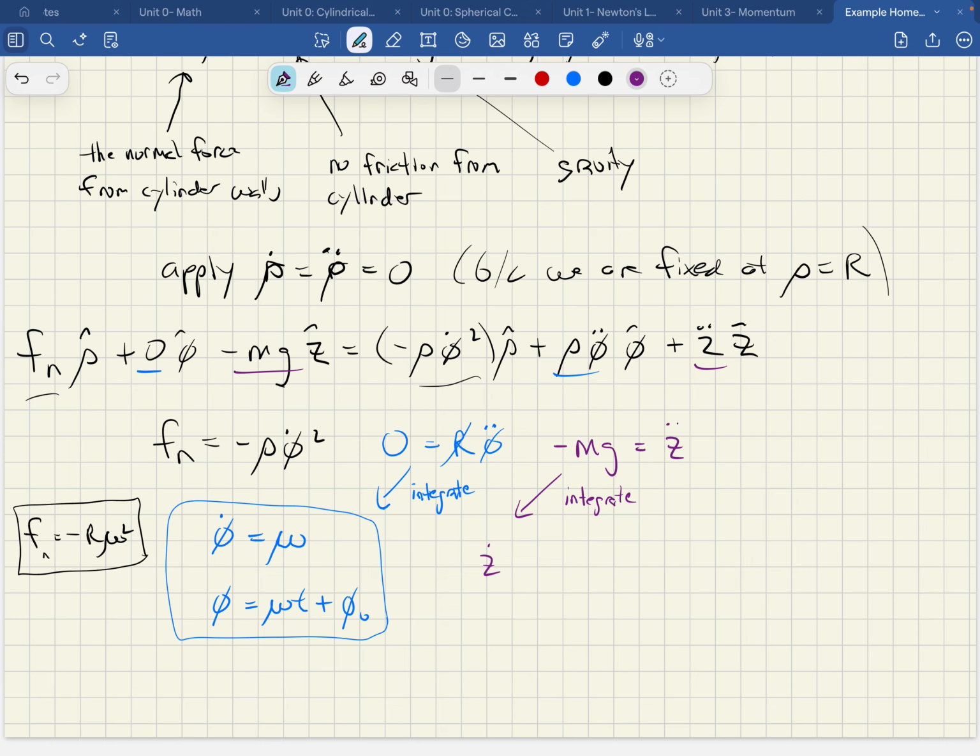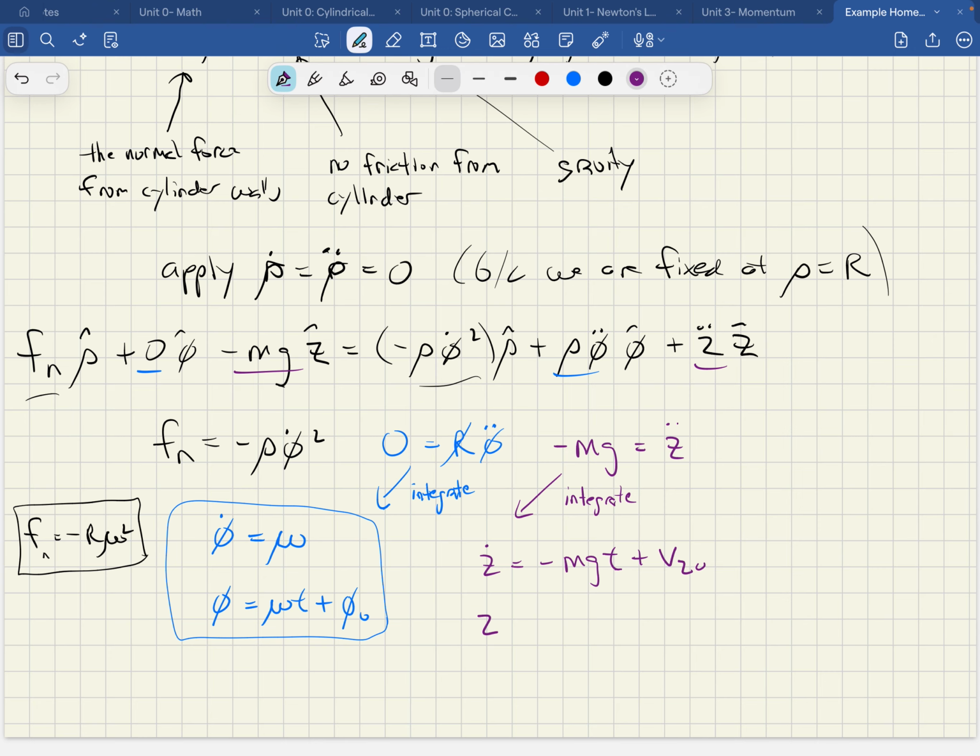So z dot would equal minus mgt plus some arbitrary constant. If I plug in t is 0, that arbitrary constant becomes vz0, the initial z velocity. Sorry, that's not z double dot, that's z dot. I've integrated z double dot.